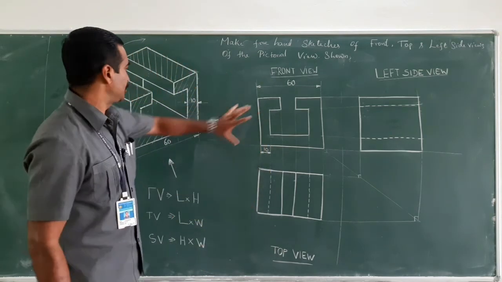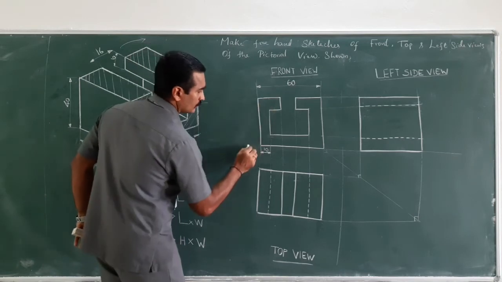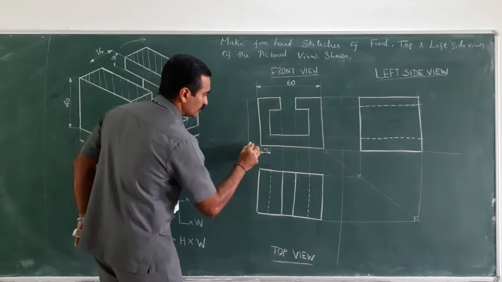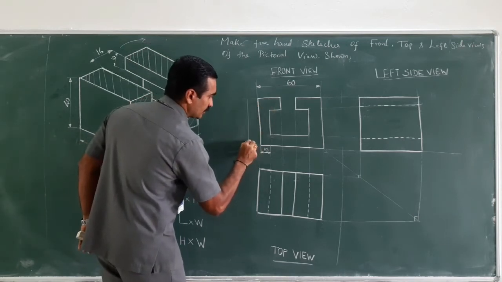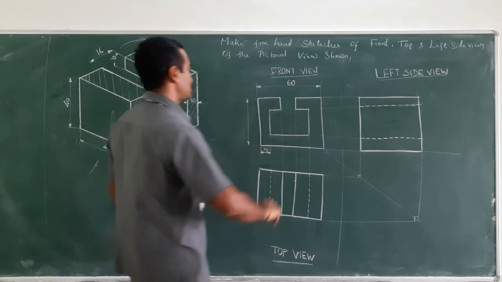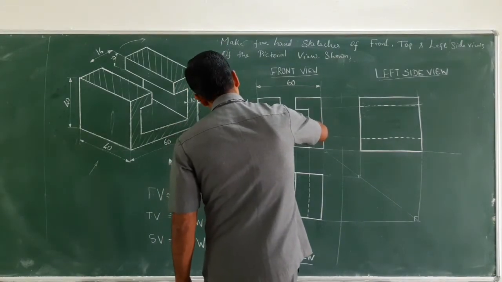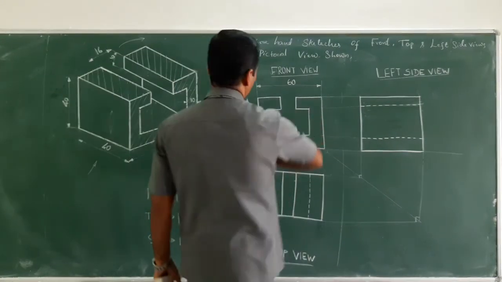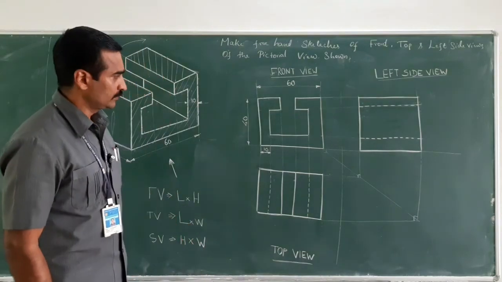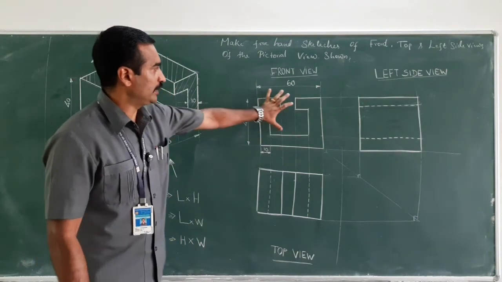And what about the height? Height of the object is 40. It should be drawn above the dimensioning line, 40. Correct? So I have captured as much information as pertains to the front view.